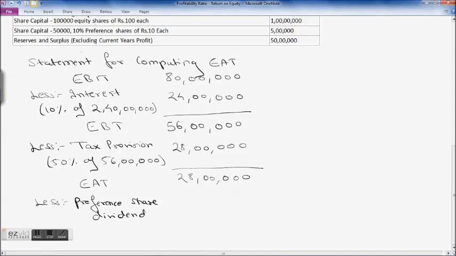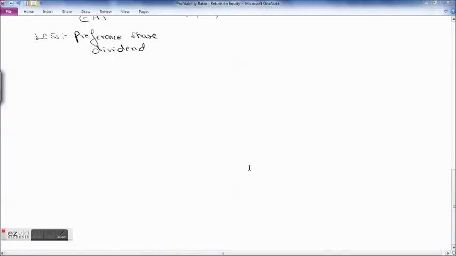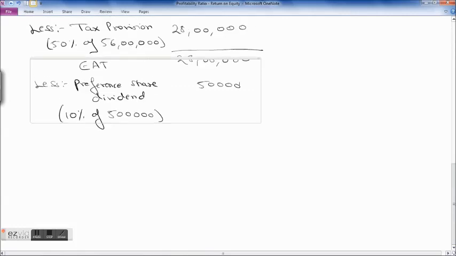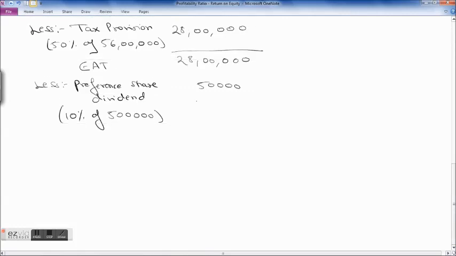Okay, so 10% of 5 lakh comes to 50,000. So your earning after tax less preference share dividend is 27 lakh 50,000.